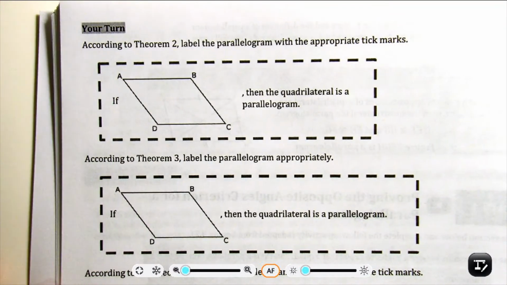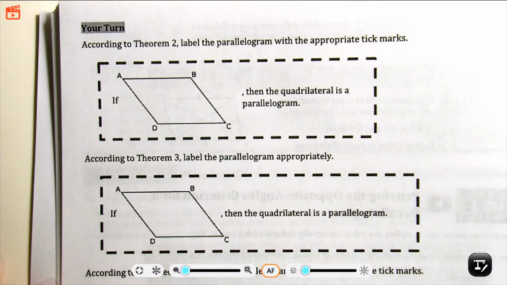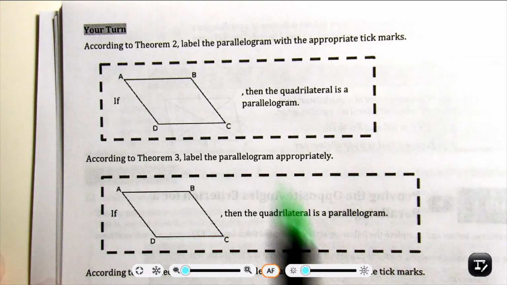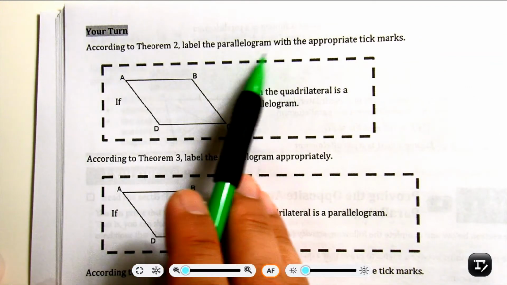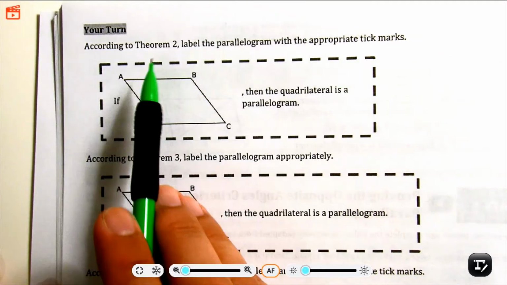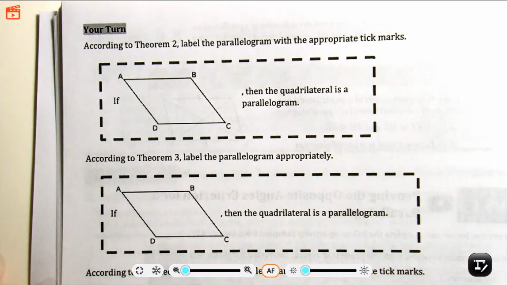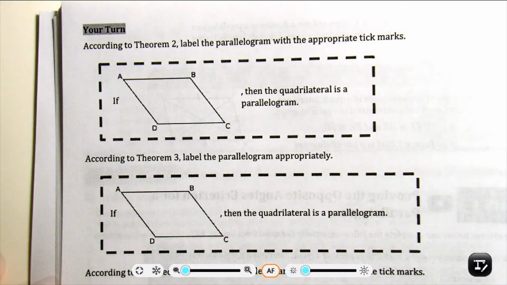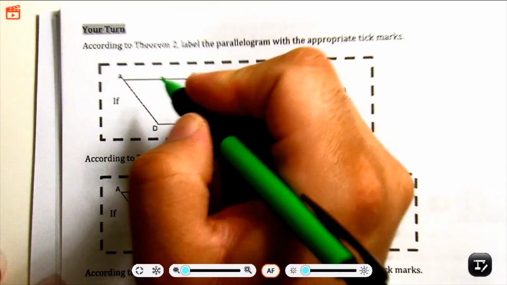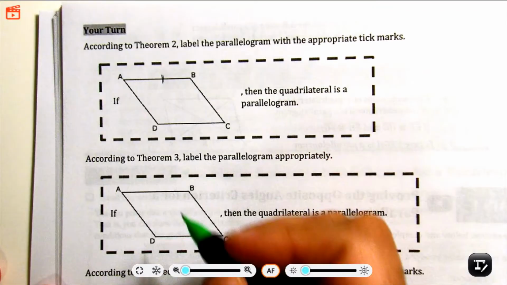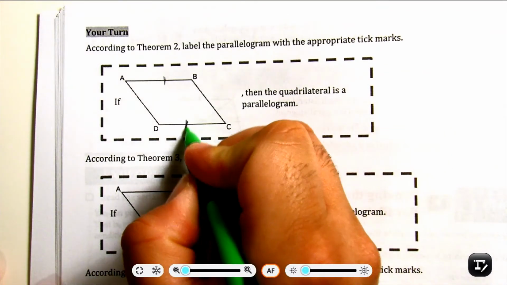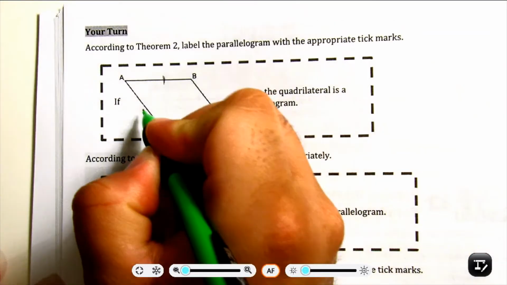According to Theorem 2, label the parallelogram with appropriate tick marks. Remember, Theorem 2 tells us that opposite sides are congruent, and we're going to be using tick marks. So AB is congruent to DC, and AD is congruent to BC.